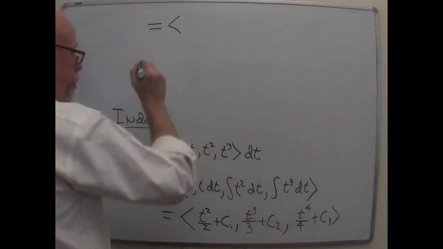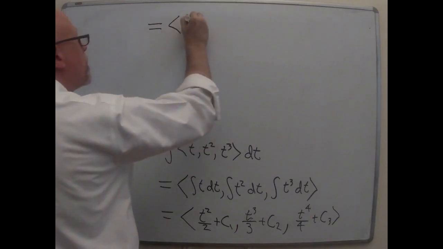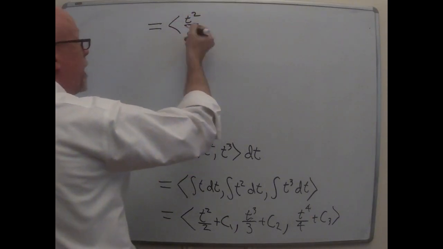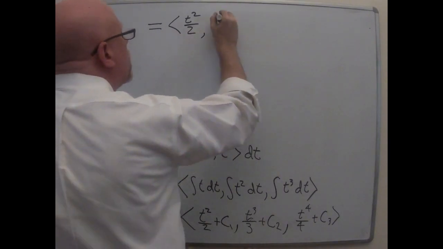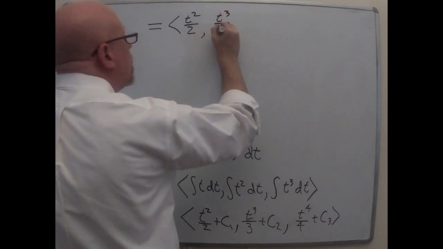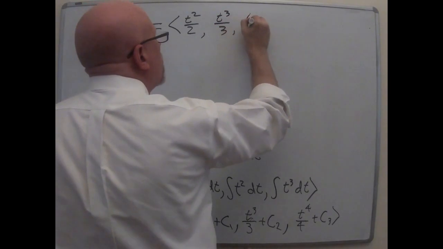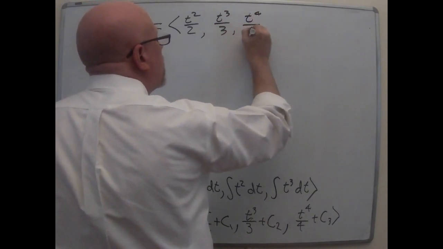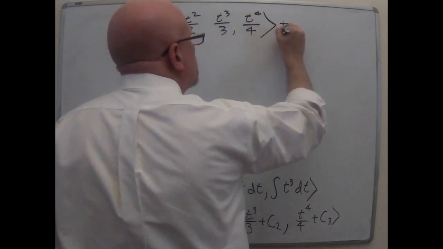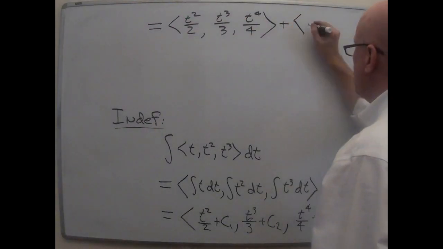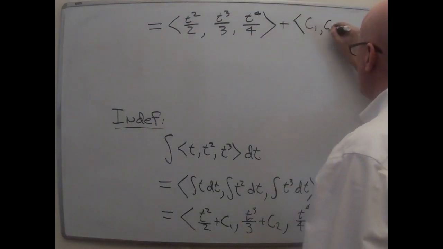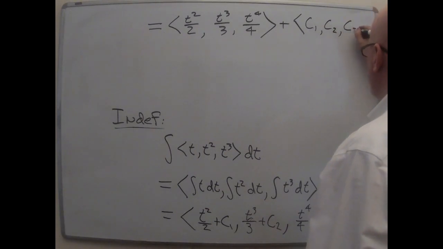Think of this as the sum of two vectors. One just looks like the raw integrals, the antiderivative of the vector we had there, and then a constant vector. So it's got those three components in it, C1, C2, and C3.